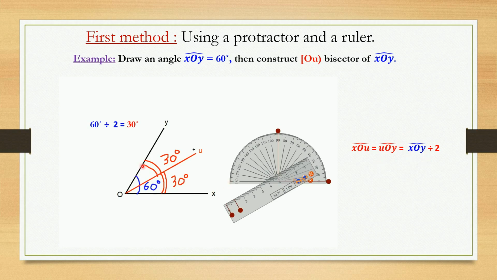It's half of XOY, because of the angle bisector effect: equals 60 degrees divided by 2 equals 30 degrees. So I write this equation of calculation in case they ask me to calculate angle XOU or UOY.